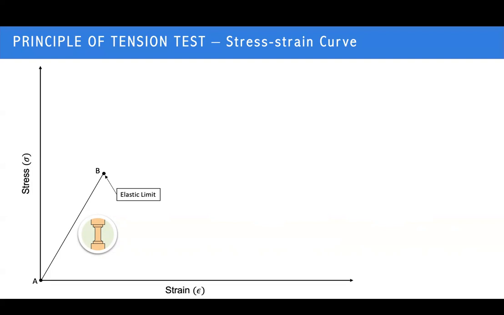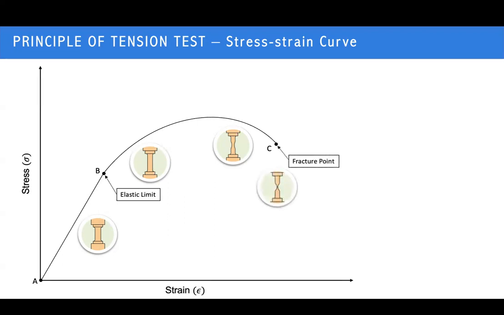This is called the elastic limit. In this range there will be no permanent deformation. Then after point B, we keep applying stress to the specimen, and it increases to the maximum load, and at point C it is broken. This is called the fracture point.